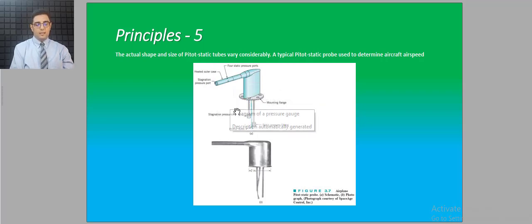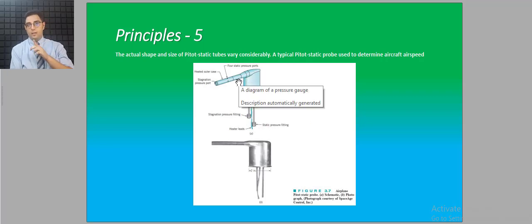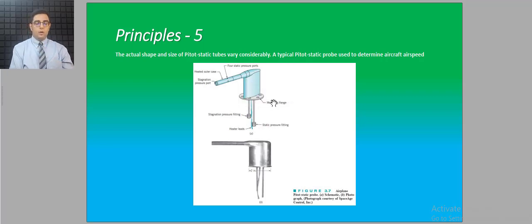Once again, this is the entrance of the pitot tube. Going inside, we have one other stagnation pressure on this side.